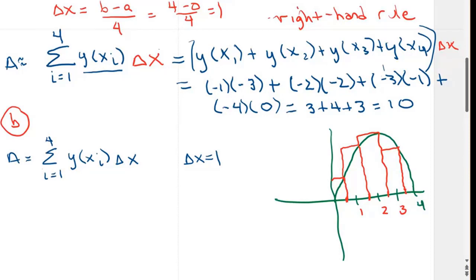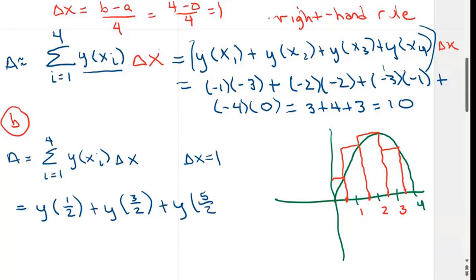But instead of using 1, 2, 3, and 4 like we did the last time, when we do this summation, we're going to do y of x_i, but the first x_i is at 1/2, plus y of 3/2, plus y of 5/2, plus y of 7/2.